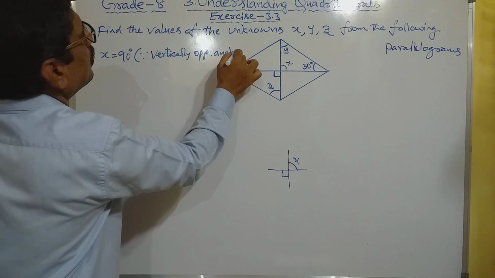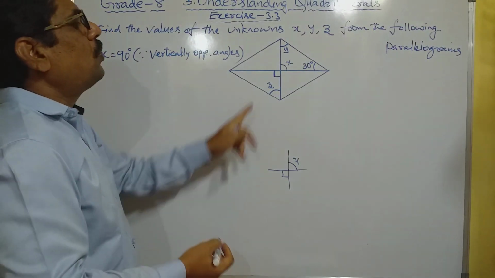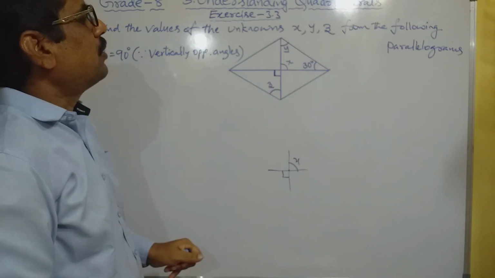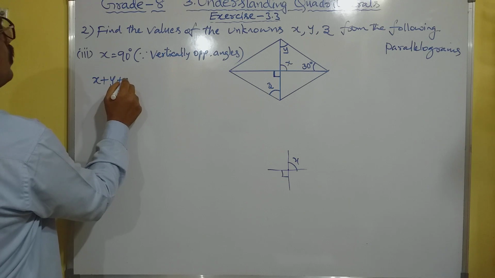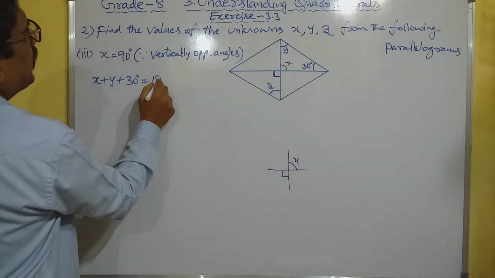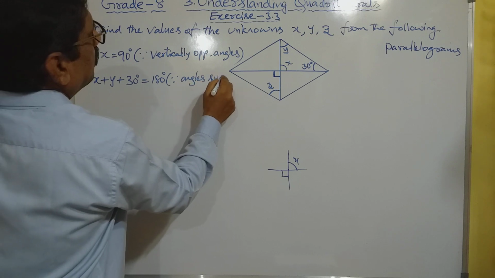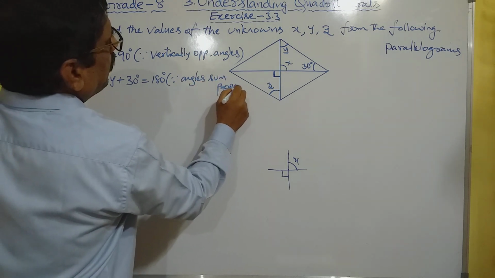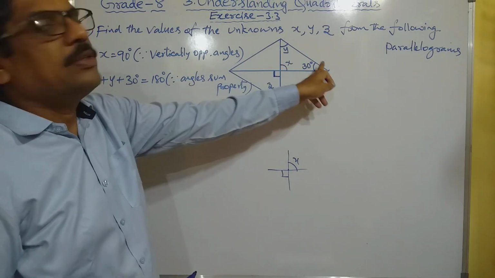Okay. Now, in order to find the y value, look at this triangle. Here, x plus y plus 30 is equal to 180 degrees since angle sum property. By using the angle sum property, the sum of these three angles is 180 degrees.